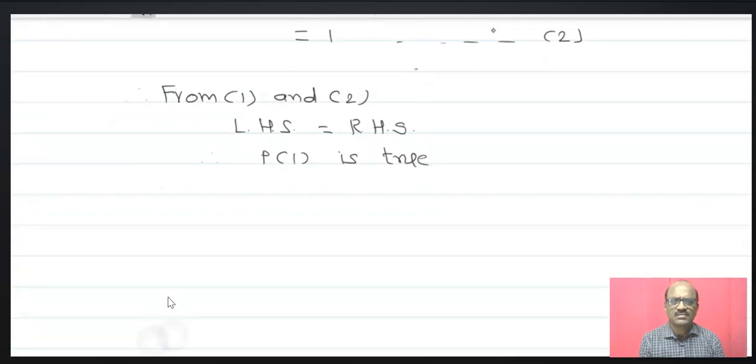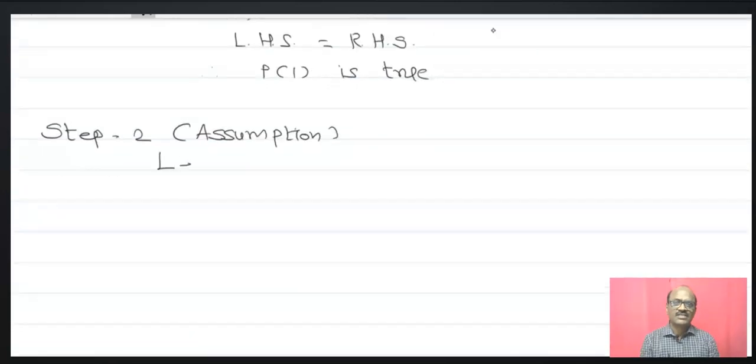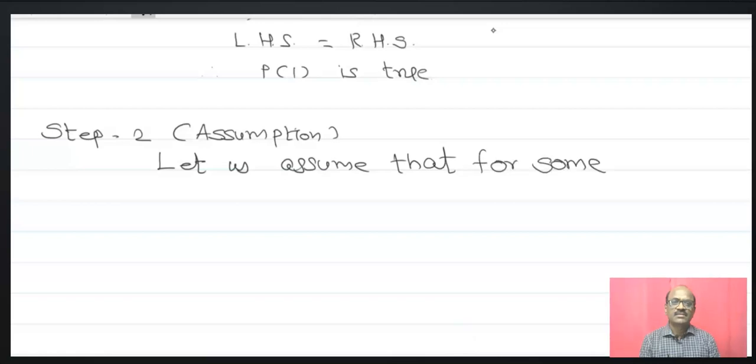Now, the step number 2. Now for the second step, let us assume that for some k belongs to the set of natural numbers, P of k is true.